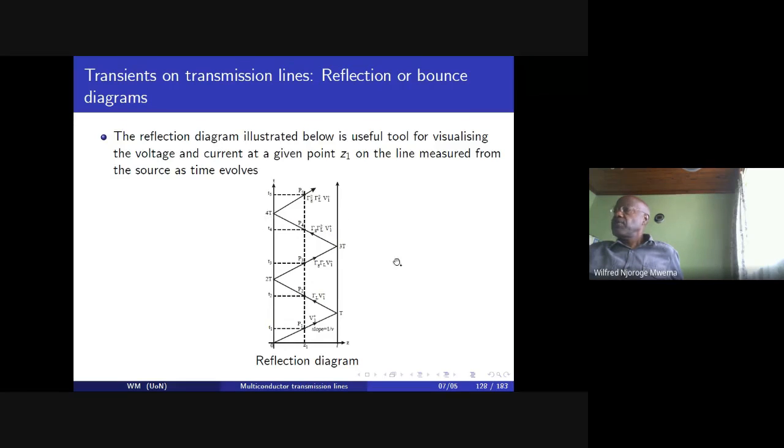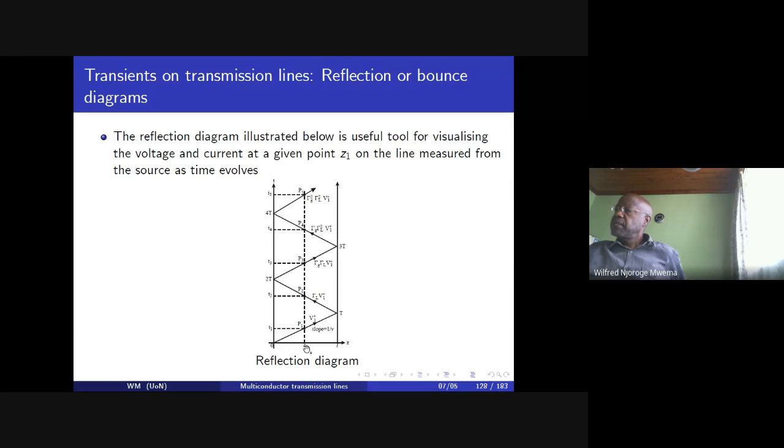So we can always use graph paper and just draw our lines through with a slope of V. We don't even have to draw it to scale. All we have to do is make sure that what we are using is constant all through, and then we can make certain assumptions. Now, if you look at this point here, Z1, this is the plane Z1 at the line of length L.